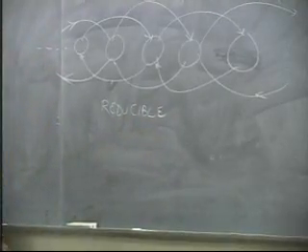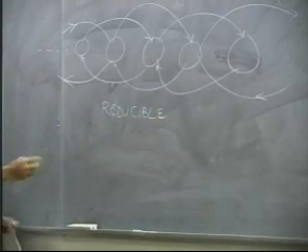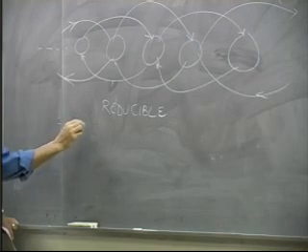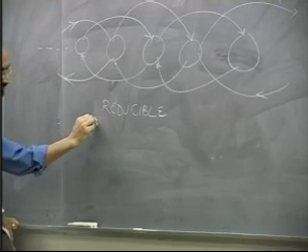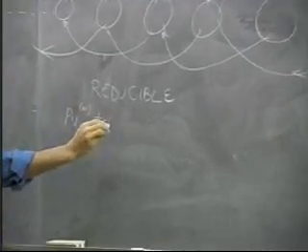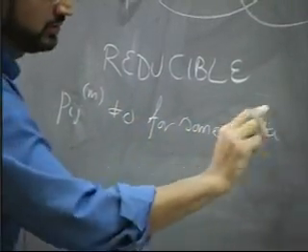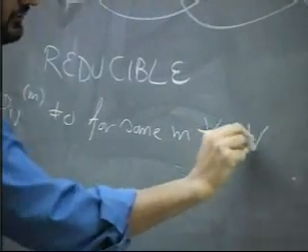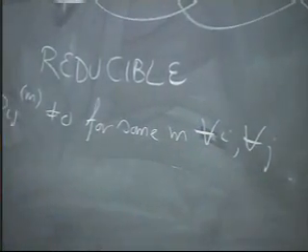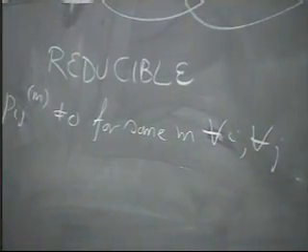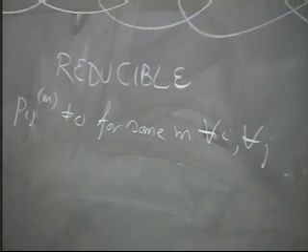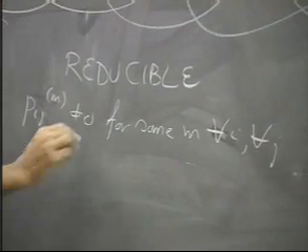Conversely, if every state can be reached from every other state, so p_ij^(m) is not equal to 0 for some m, and for all i, for all j, that means I can get from i to j using some number of steps. I don't care how many. Then it's called irreducible.